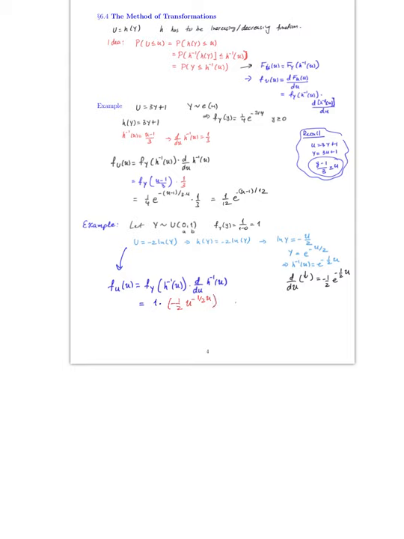And this is true for u greater than or equal to 0. So notice that this is just 1/2 e to the minus 1/2 u. And this is exponential with beta equal to 2. And that's it for section 6.4.